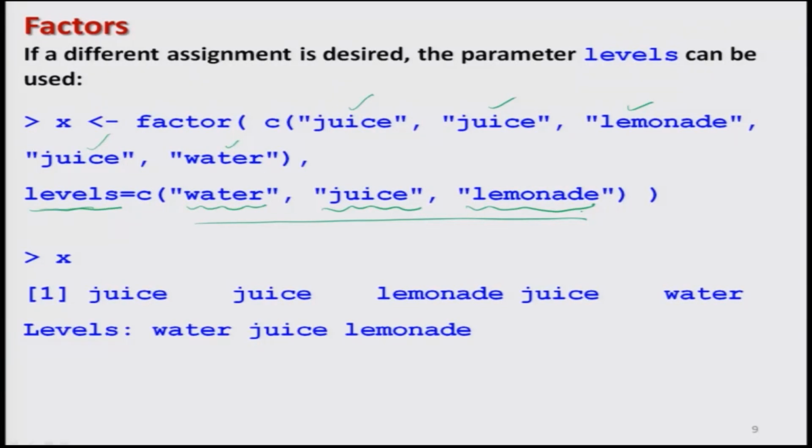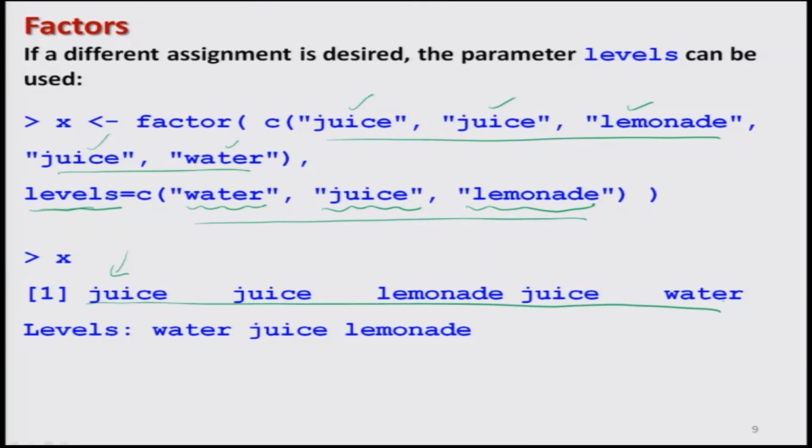And you can see here, as soon as I hit enter on the R console, we get the same outcome. This juice, juice, lemonade, juice and water is given here as juice, juice, lemonade, juice and water, but the label is now changed. These labels are now as per our requirement.